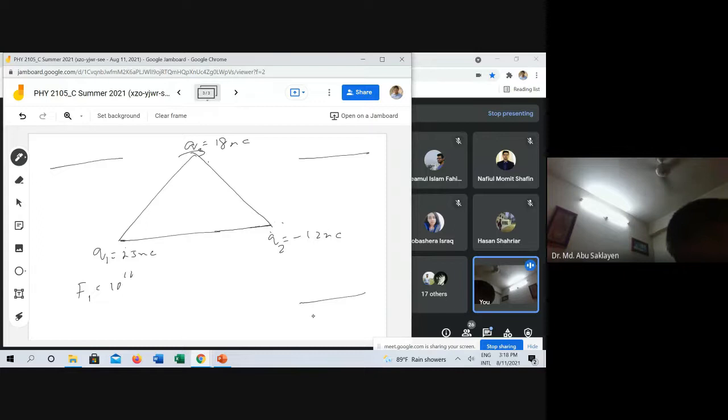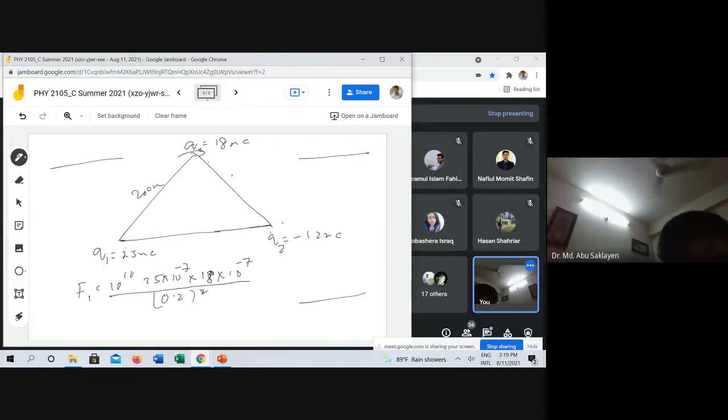F1 equal to 10 to the power 10 into 25 into 10 to the power minus 7 into 18 into 10 to the power minus 7 divided by the distance squared. What is the distance? This is 20 centimeter, this is also 20 centimeter. So 20 centimeter means 0.2, whole square.